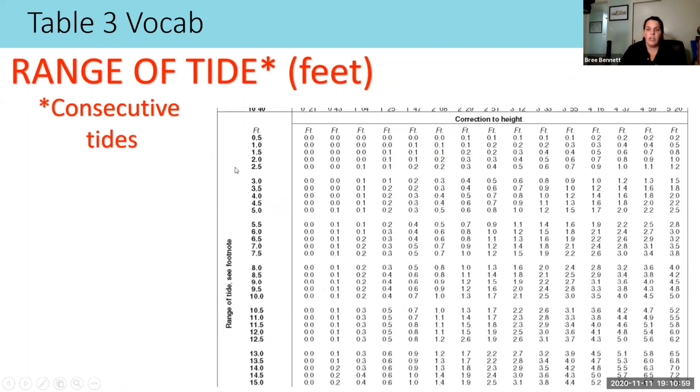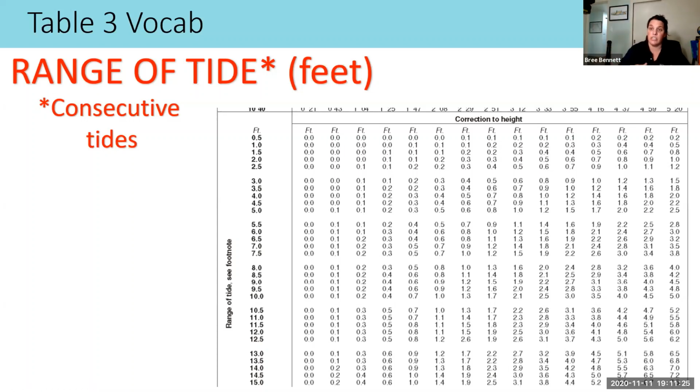Okay, so then we're in the bottom half. The top half is all about time, and the bottom half is all about feet. On the side here, we have the range. That's the total rise to fall or fall to rise, high water to low water.